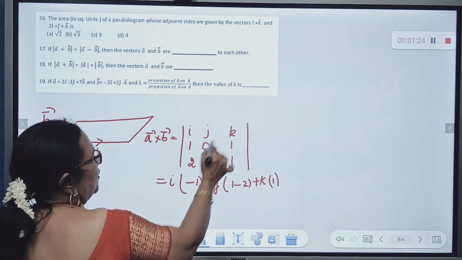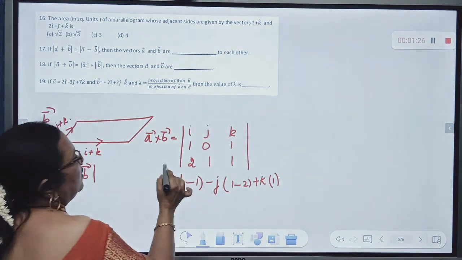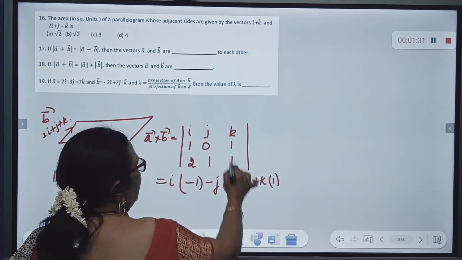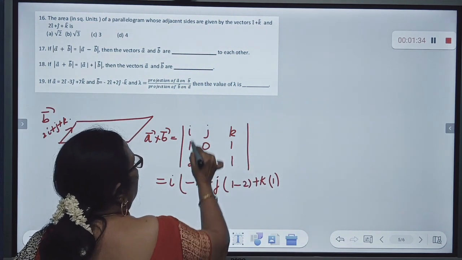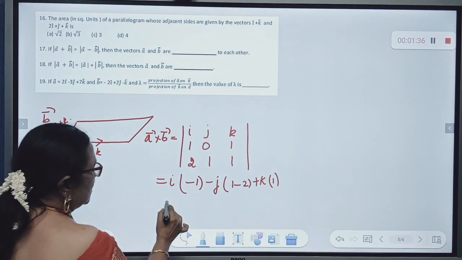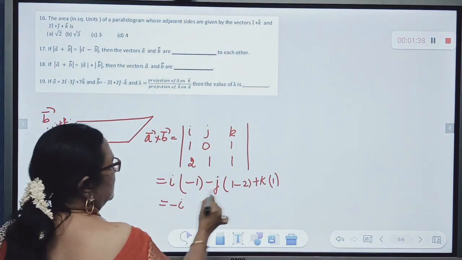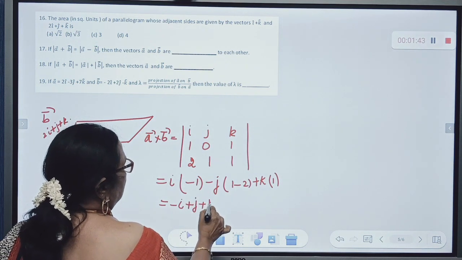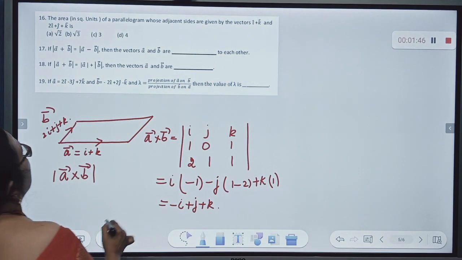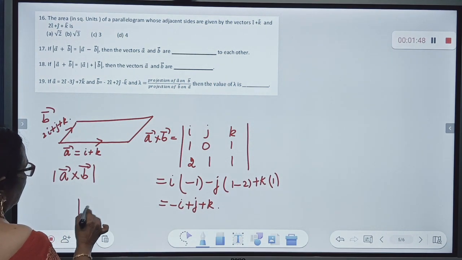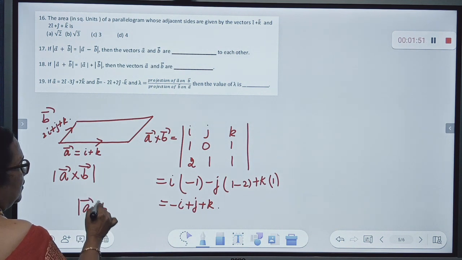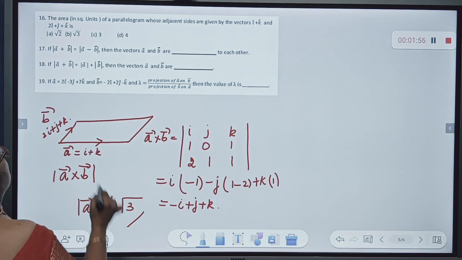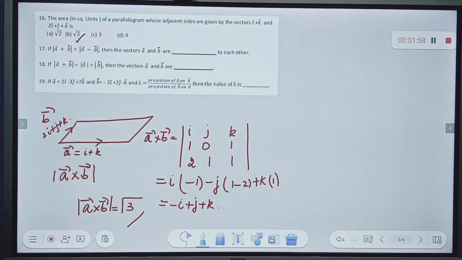So this is minus i, minus j into minus 1 which is plus j, plus k. So what will be the area? The modulus of A cross B will be root of 1 plus 1 plus 1, which is root 3. So root 3 is the correct answer.